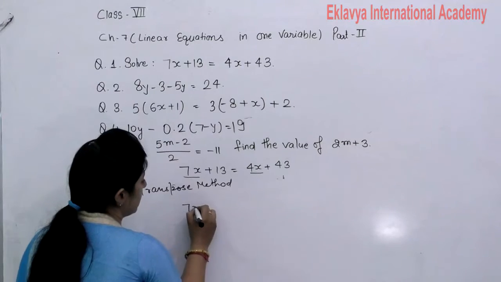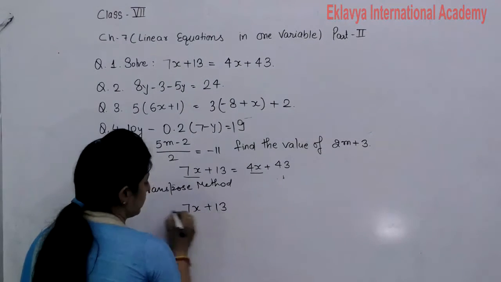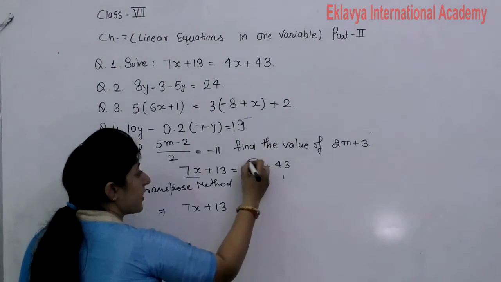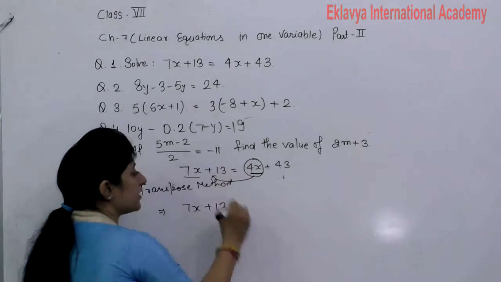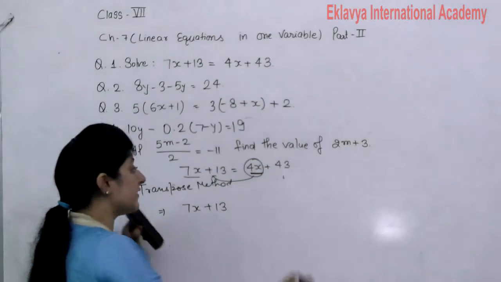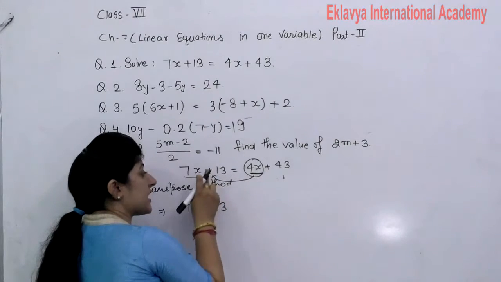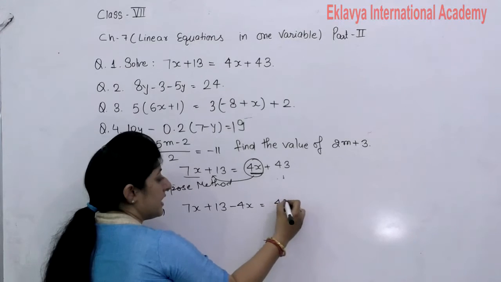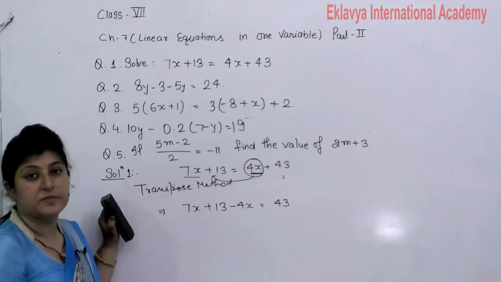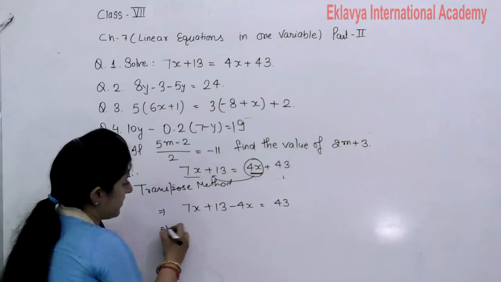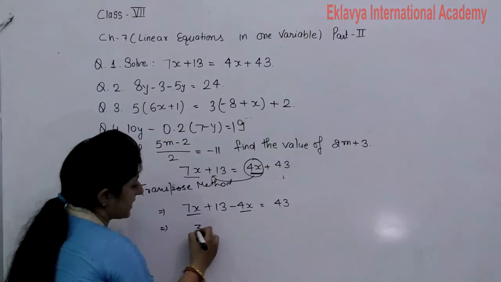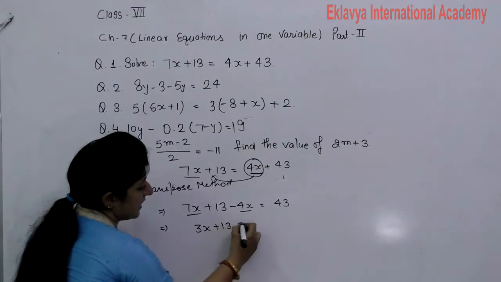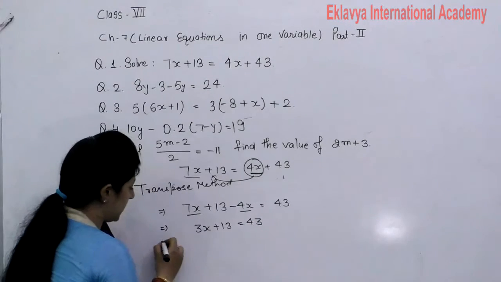So see here, 7x plus 13. This 4x I want to take here because this one is smaller. Then if we change from RHS side to LHS side, then obviously it will come here with a negative sign. Then after 7x minus 4x, 3x, 3x plus 13 is equal to 43.